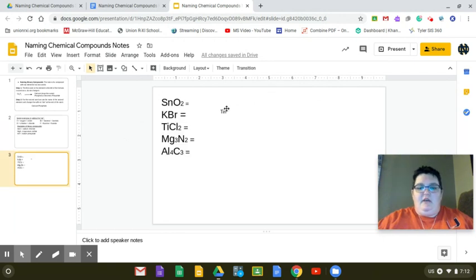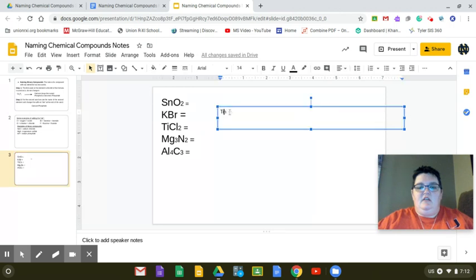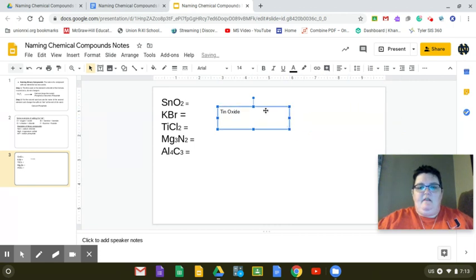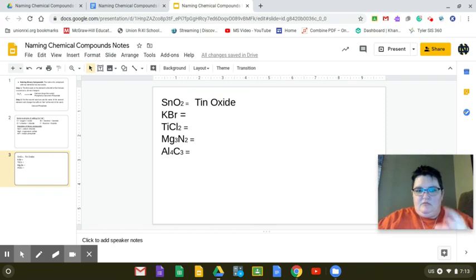So we go back here to tin, and we make oxide for the O2. Let's make that a little bit bigger so we can all see. So for our first one, it would be tin oxide. Like I said, that's how you do the first one. The first symbol is tin, Sn, that stays the same, and oxygen becomes oxide.